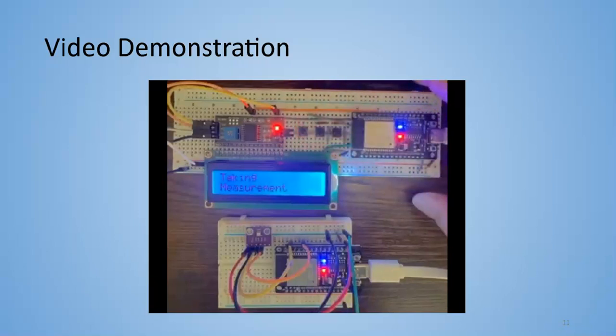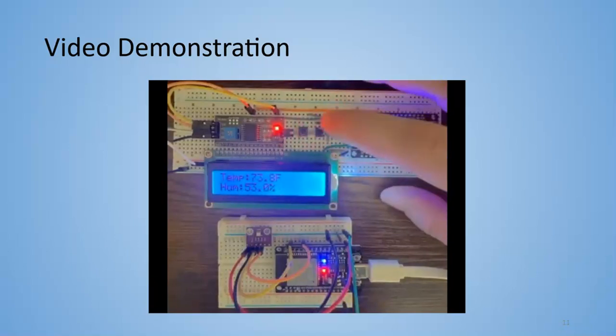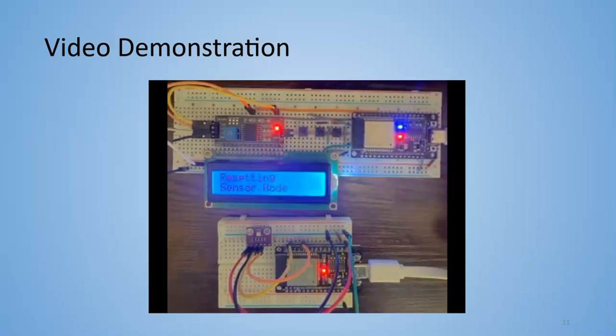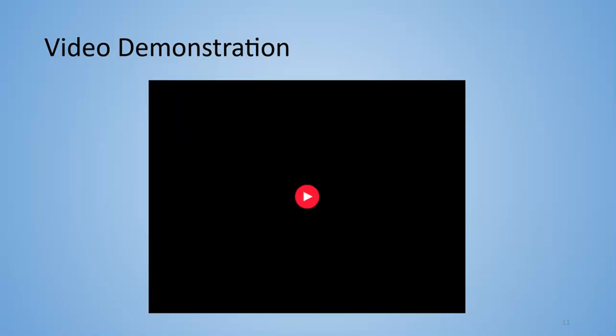Now that first button takes the measurement from the sensor node. The second button changes the page on the LCD screen. And the third button resets the sensor node. And that is what was very, very important in making the isolated environment truly isolated so I don't have to go in there to reset the board.